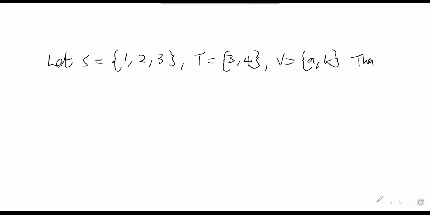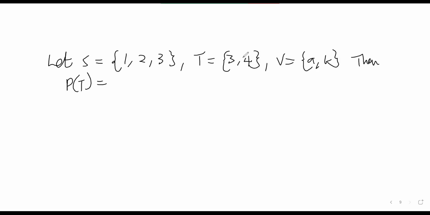Then P(T) will be equal to the power set of T.